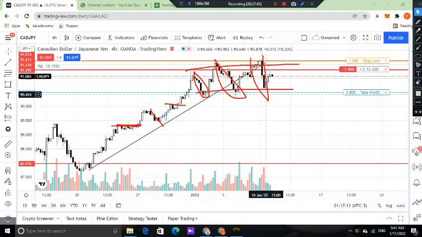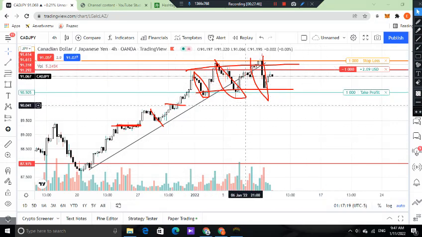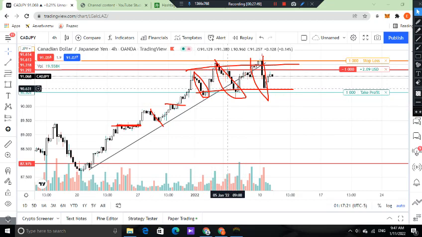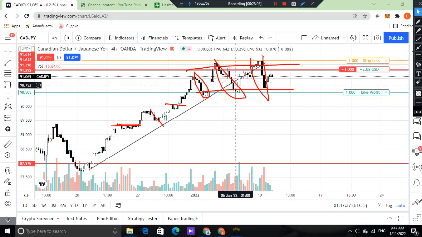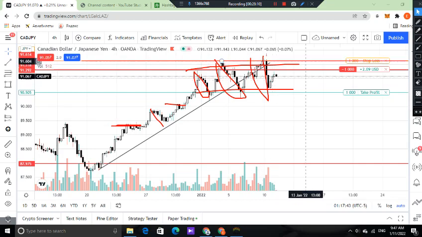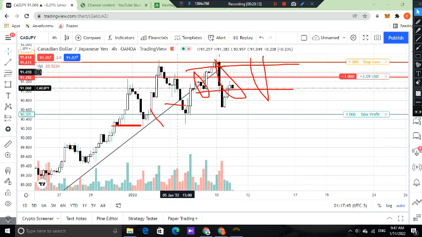If you're in a long position, liquidate and exit your position, as these people did at this area. They closed their positions and took profit, and at the same time bears started to sell this pair, and as a result we have big bearish bars like this one.